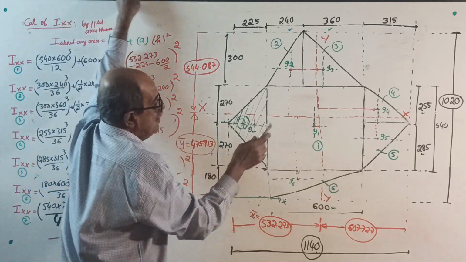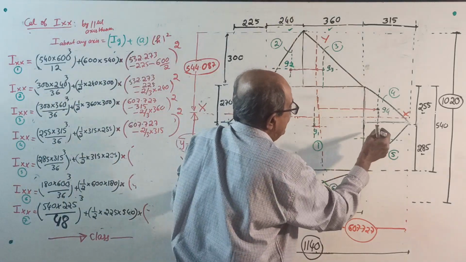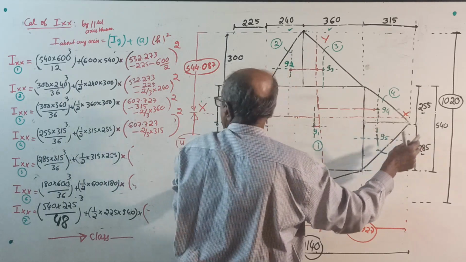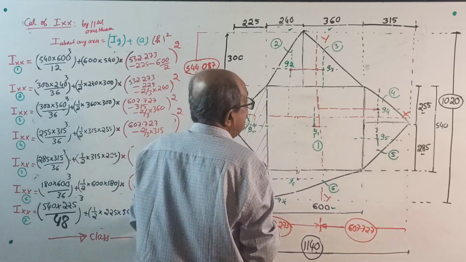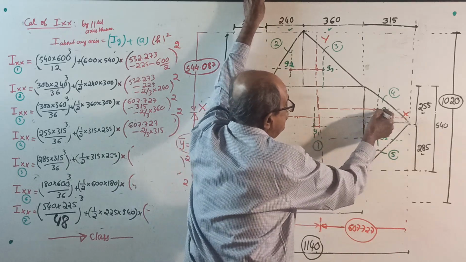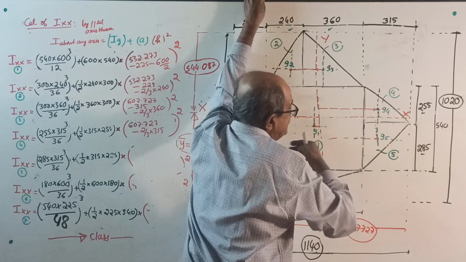Now, one minute. For the fifth one also the same thing. See, I about its own axis is 285 into 315 cube by 12 plus area into, once again, the same distance. Why? Because these two are horizontally at the same distance. So how much is it?